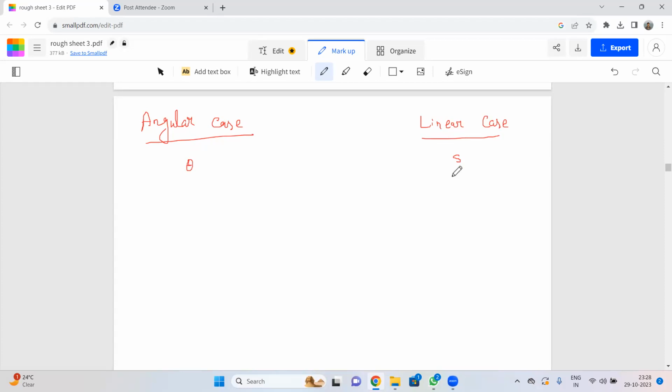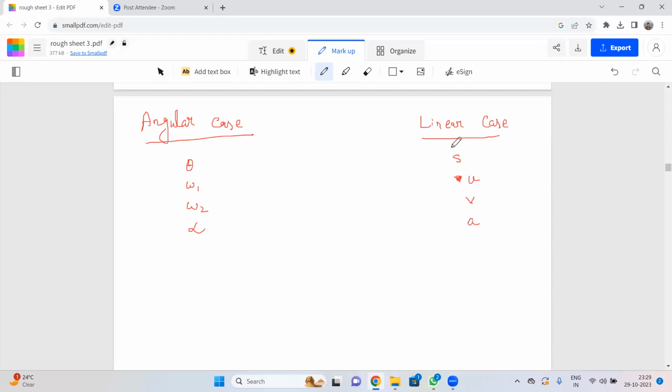In the linear case, we have velocity; suppose initial velocity is u, so here the initial angular velocity is omega 1. Finally we have velocity v, so here it will be omega 2. And here we have acceleration a, so here we have angular acceleration alpha.